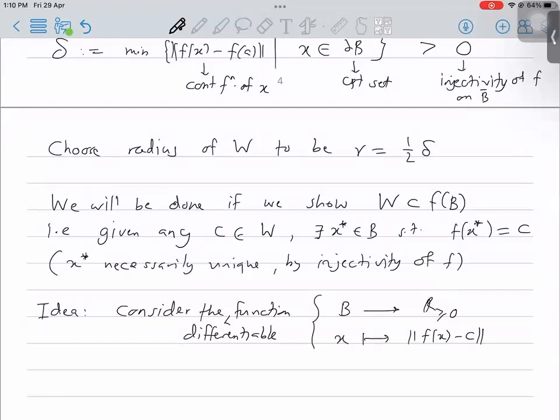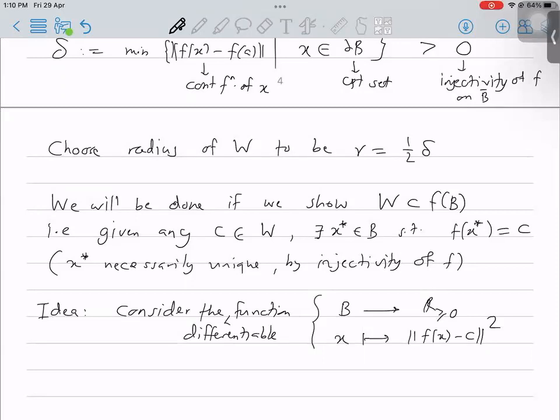There's a very simple way to change this function to make it differentiable, and in fact, even more convenient. Notice that what I want to do is minimize this function, and show that the minimum value is actually equal to 0. To show that the distance is 0 is equivalent to showing that the distance squared is 0. The differentiability comes really because of the square.